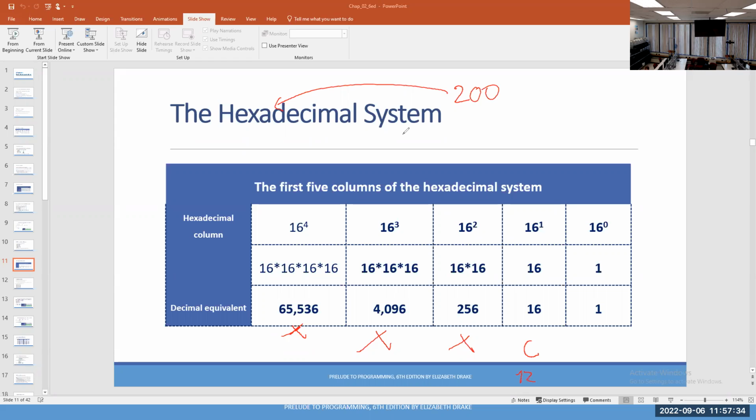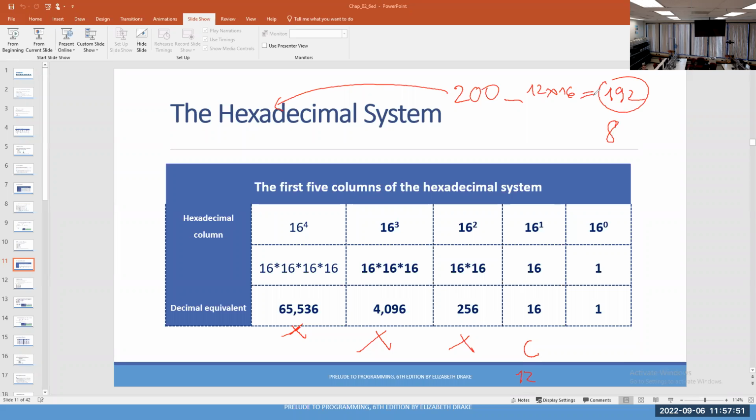So see, when you have 12 of the 16, you have 192 already. So we subtract 192 from 200.